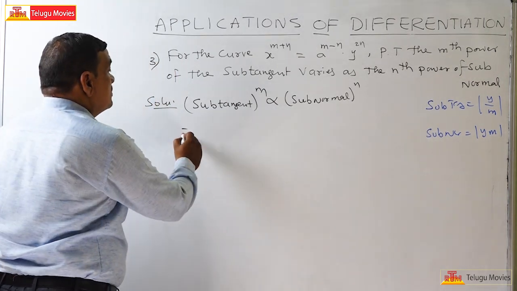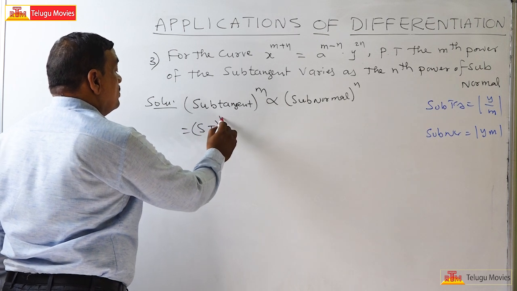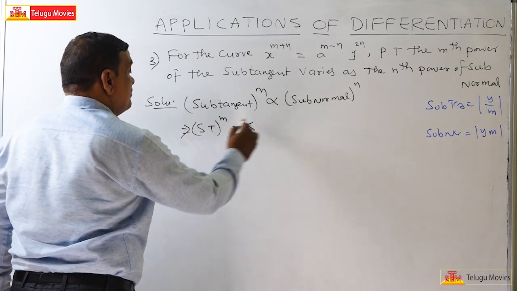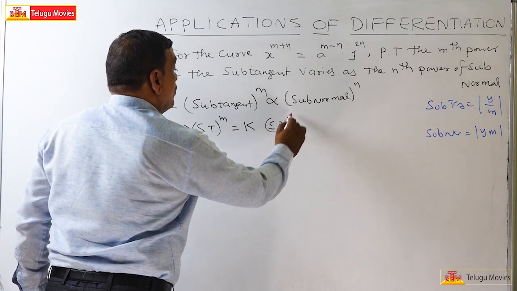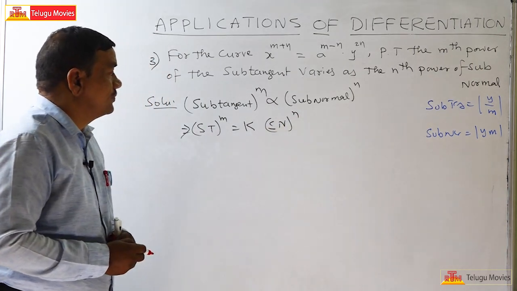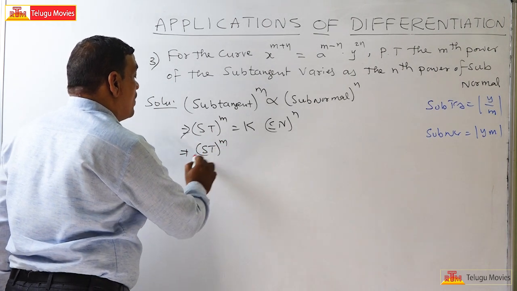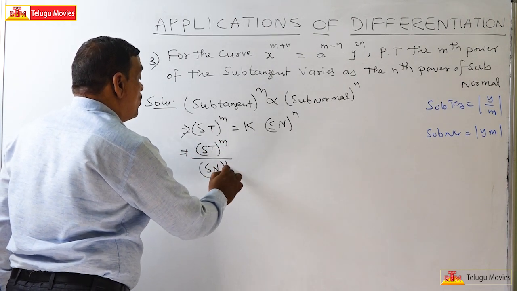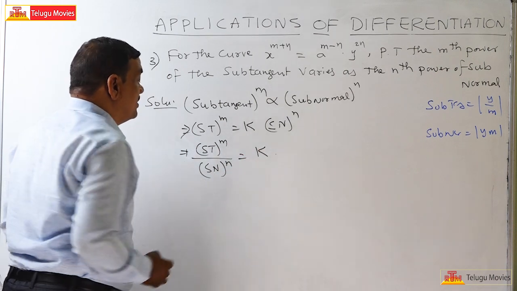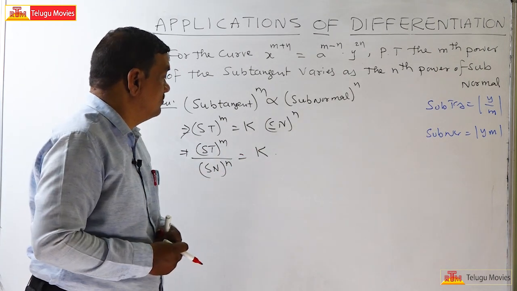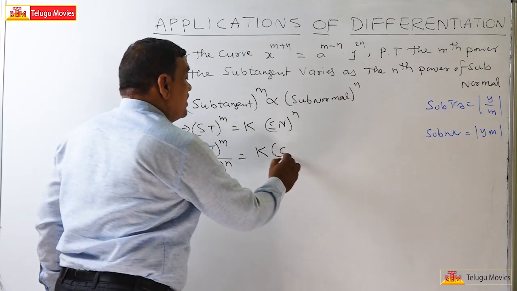That means subtangent^m = k times subnormal^n. If you are able to show that subtangent^m divided by subnormal^n is equal to some constant, the problem is over.